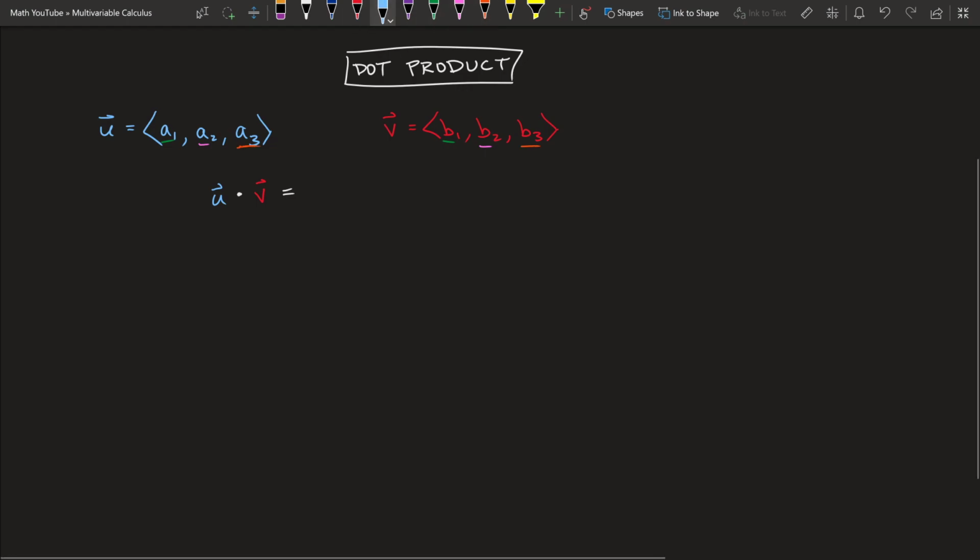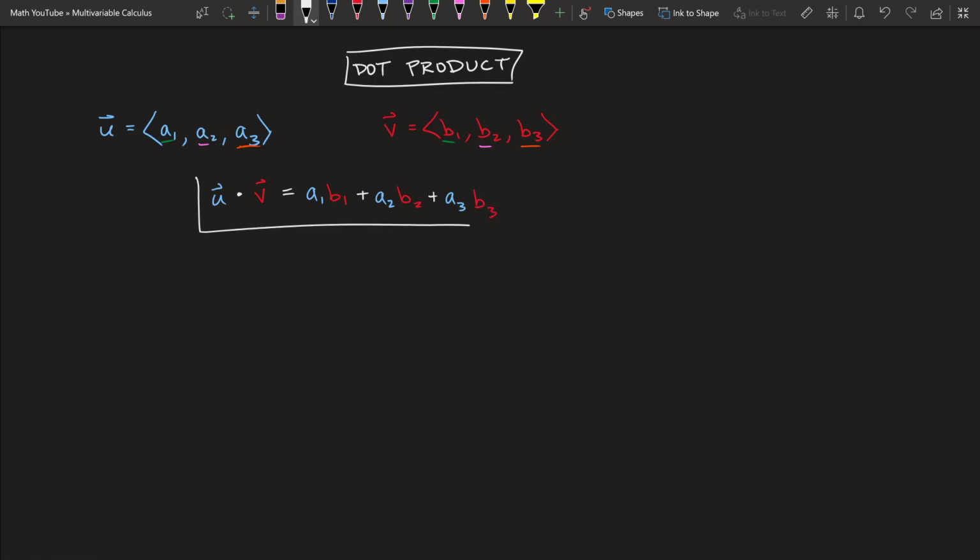So what the dot product looks like is a1 times b1 plus a2 times b2 plus a3 times b3. And this is the formula for the dot product.